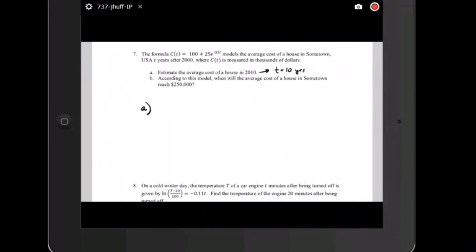So for part A, it would just be 100 plus 25e to the 0.03t. You plug in a 10 for t. We have 100 plus 25e. 10 times 0.03 is just 0.3.